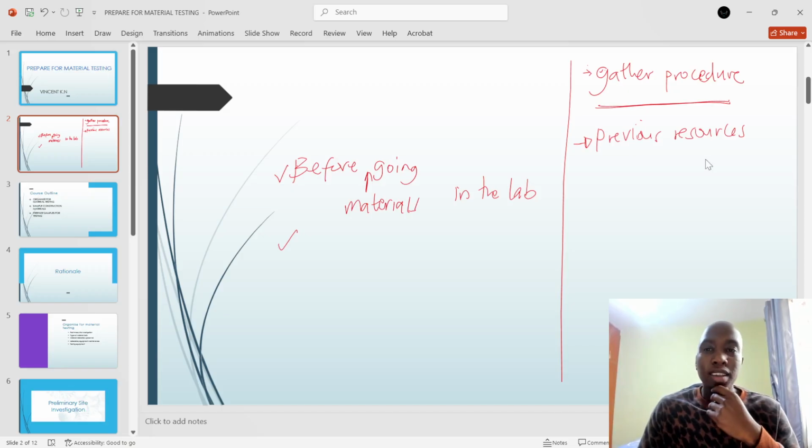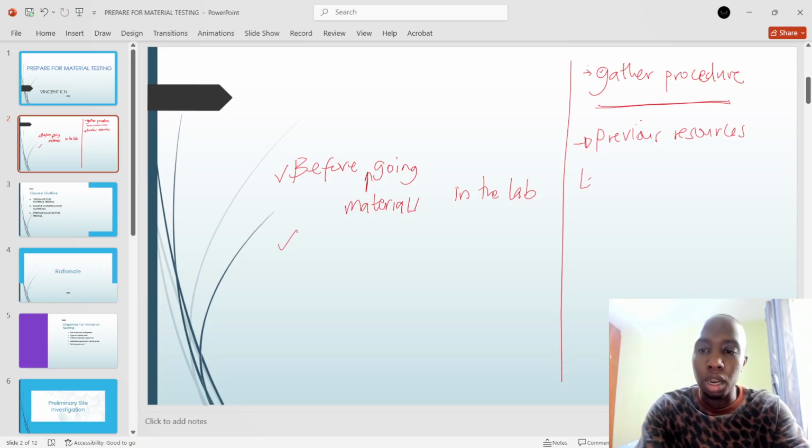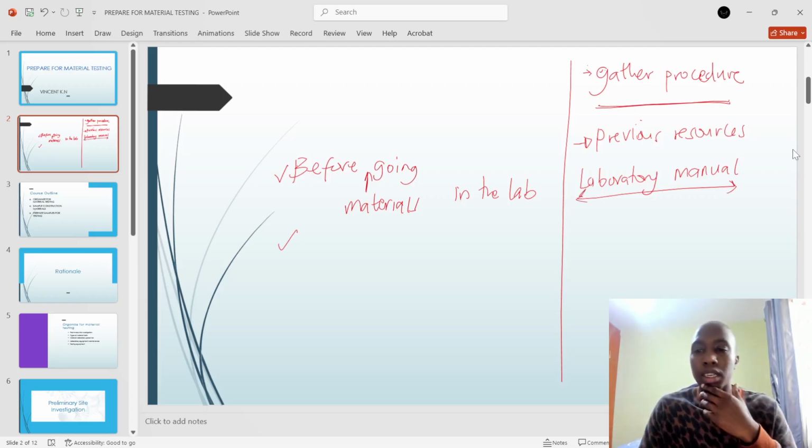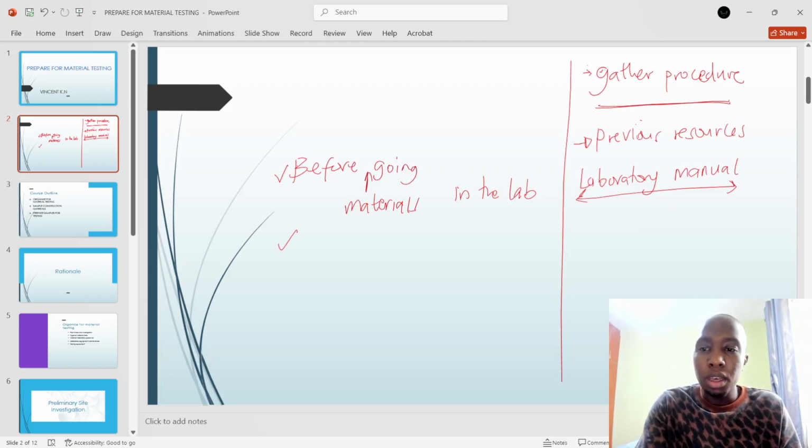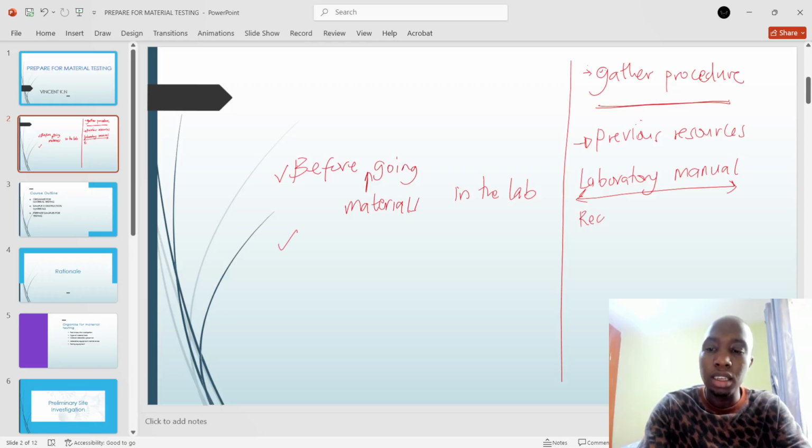Have you guys heard about something we call a lab manual? Have you heard something about that? Not yet, okay. So, procedures are obtained from laboratory manuals, which have been created or designed from known or recognized standards.